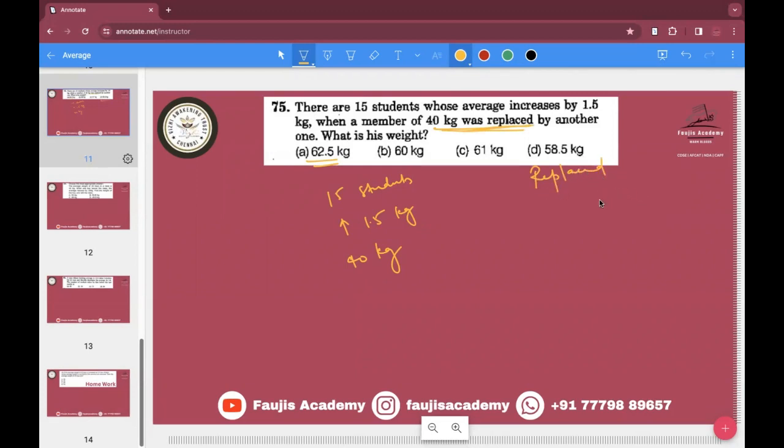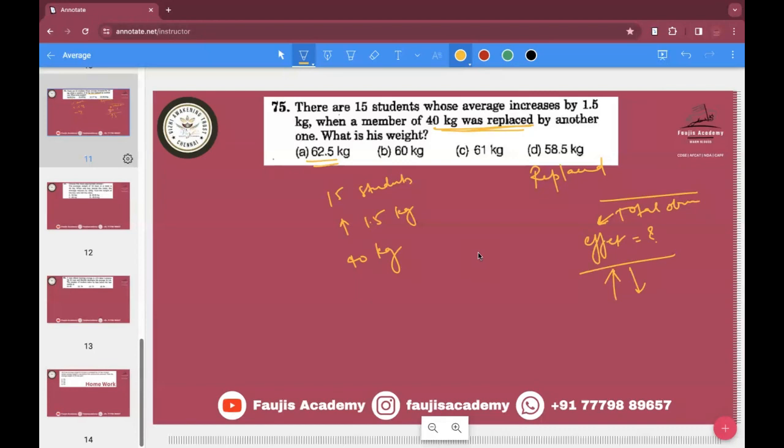In the denominator, when we write the total number of observations, will there be any effect? One is going, another one is coming.